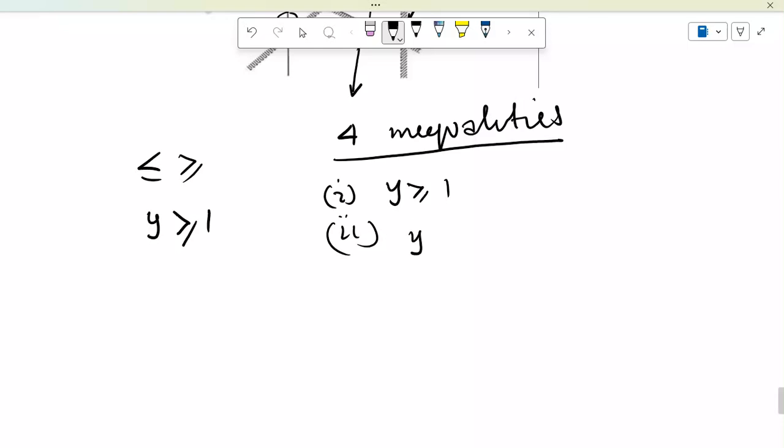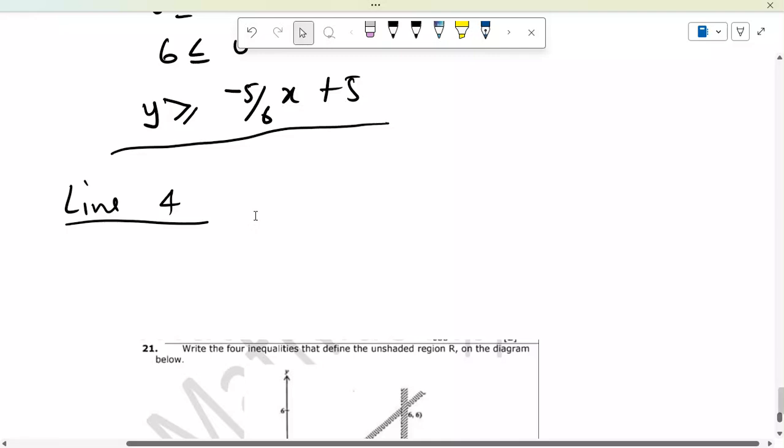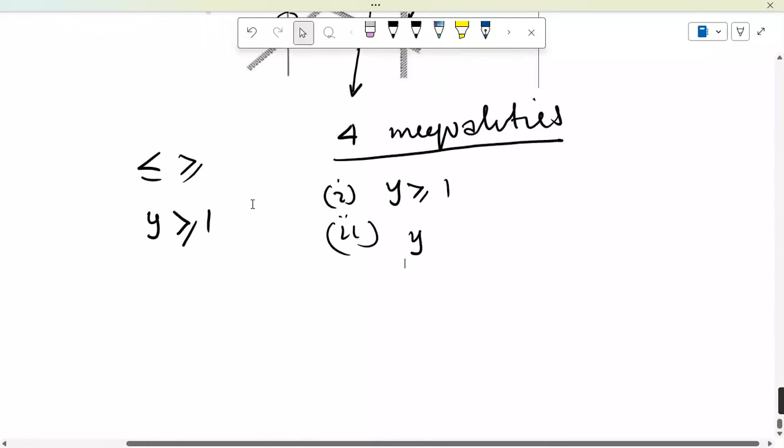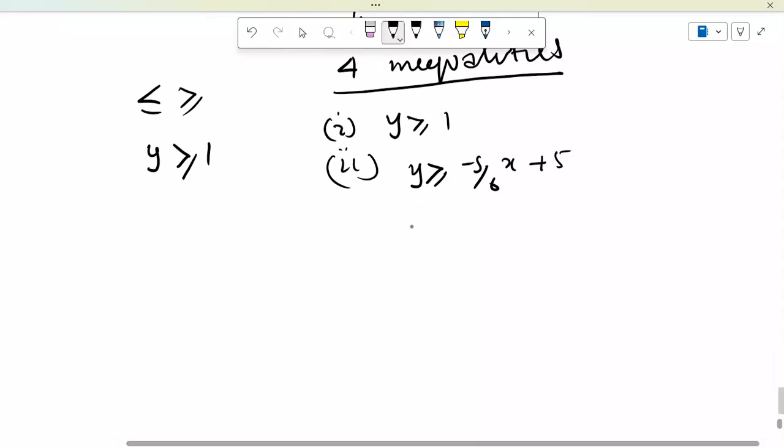Number 2, y, this one we're testing just here, greater than or equal to minus 5 over 6 x plus 5.